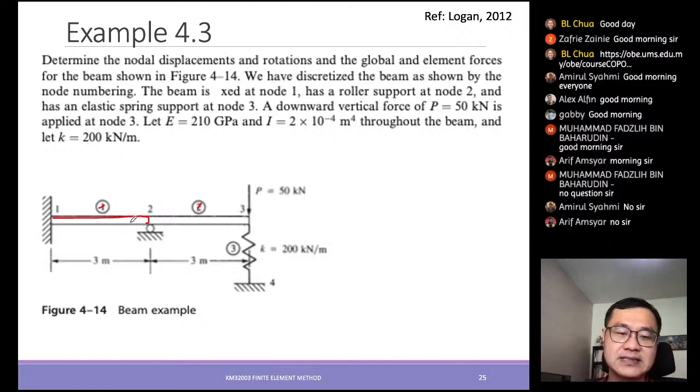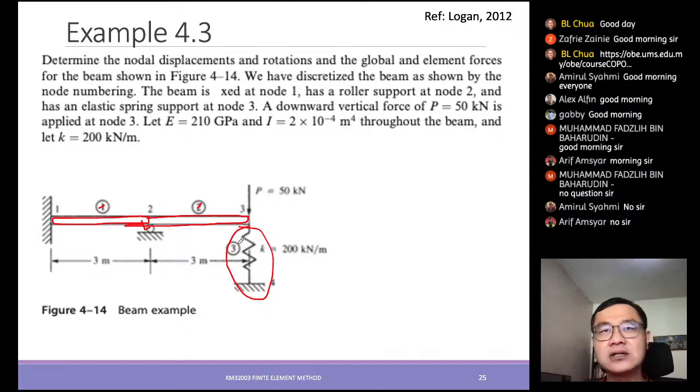You select a beam element for this, another beam element for this, right? But the only difference is that there is a spring acting over here. So what you can do here is add an additional spring element.